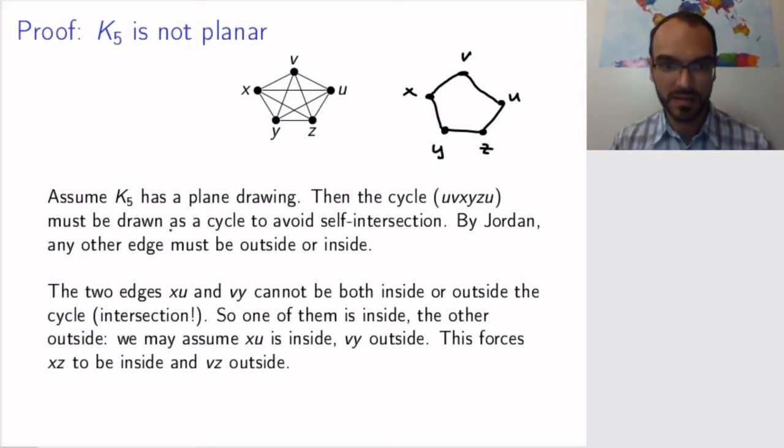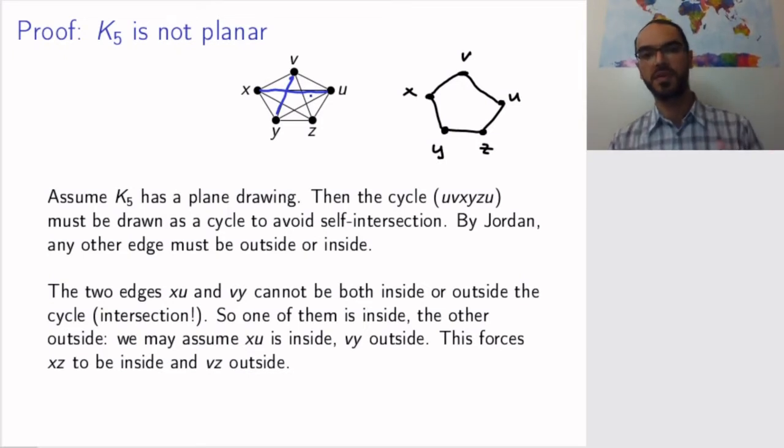So let's look at the edges XU and VY. So this is XU and this is VY. And the question is, can I draw them on the inside, or can I draw one of them or both of them on the outside? Remember, like I did with the diagonal edge of K4.